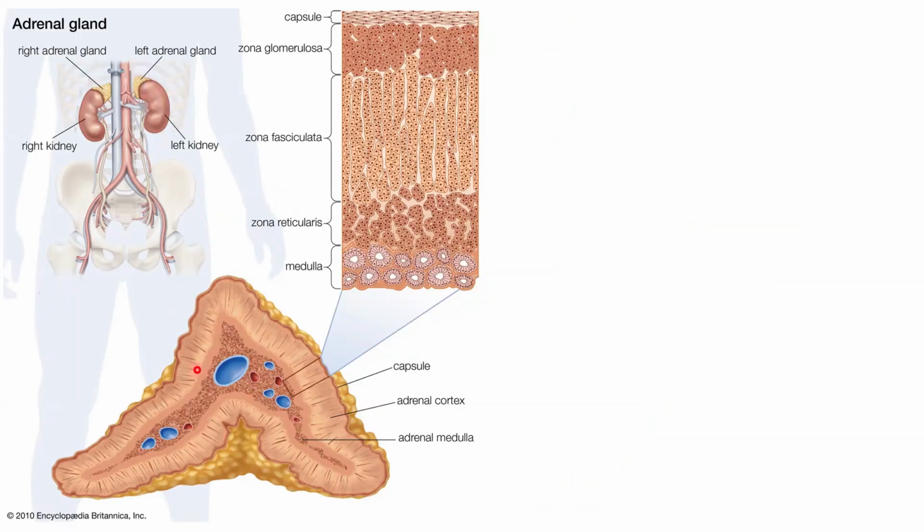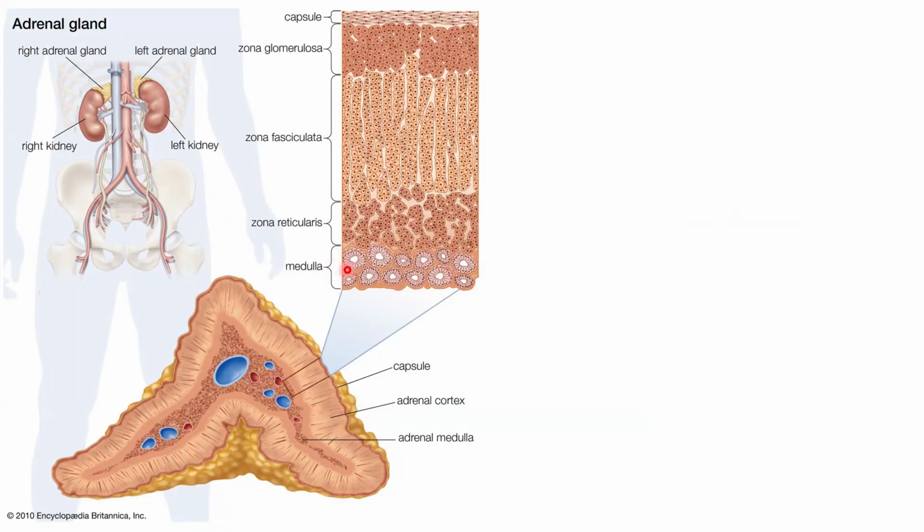If you look at the histology, you will be able to appreciate that this adrenal gland has an outer cortex and an inner medulla. The outer cortex has three zones: zona glomerulosa, zona fasciculata, and zona reticularis. The inner medulla has just blood vessels and various cell types.